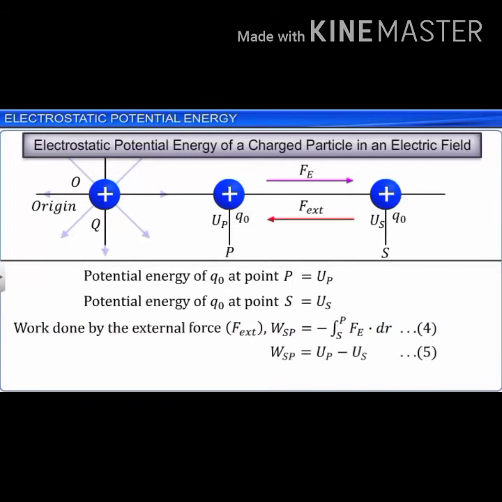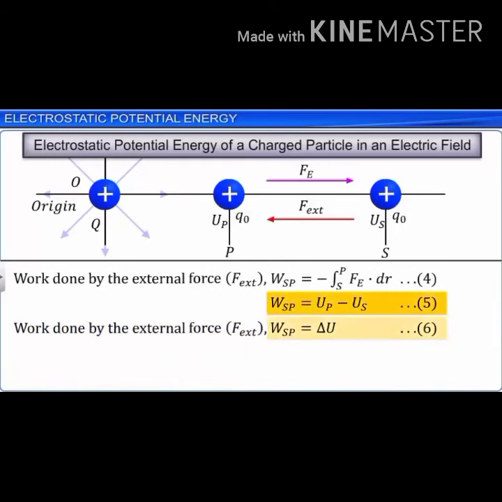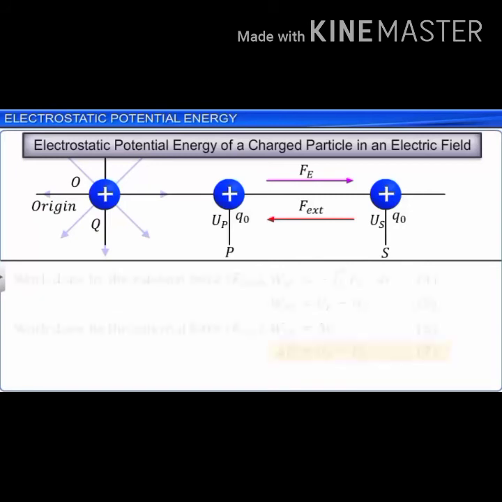In that case, WSP will be equal to UP minus US, which is equation number 5. Work done by the external force WSP will be given by delta U, which is equation 6, as delta U means the change in potential energy, where delta U is equal to UP minus US, that is equation number 7.